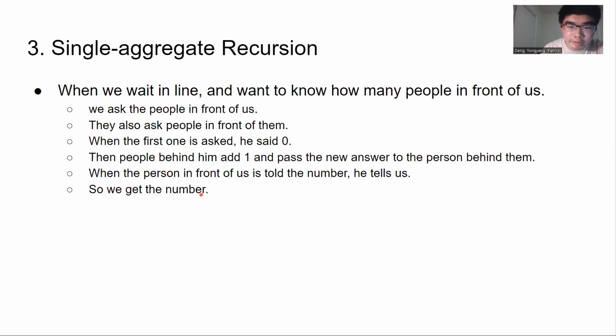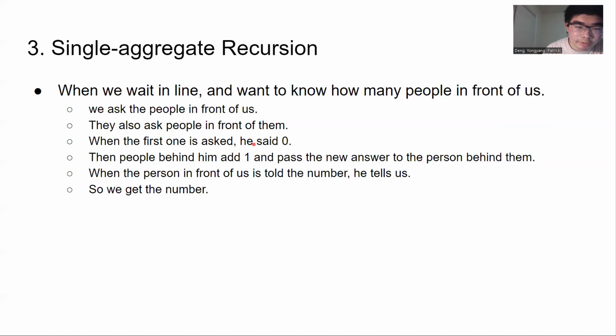So back to the queue problem. When we wait in the line, we want to know how many people are in front of us. So try to think about the structure of the recursion and what the steps stand for. For the first step, we ask the people in front of us, and they also ask the people in front of them.